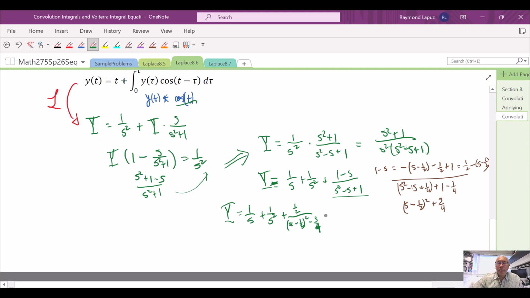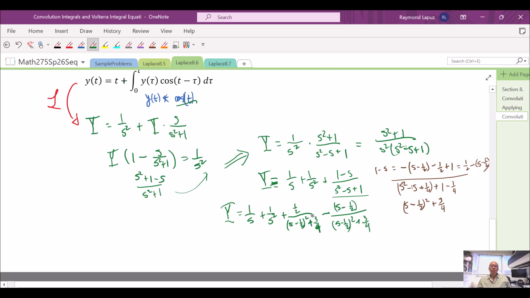But we'll do that in a minute. And then finally, this is a minus, and then (s minus 1/2) divided by (s minus 1/2) squared plus 3/4. This is a plus.